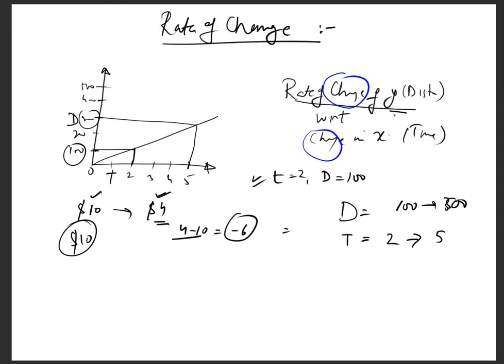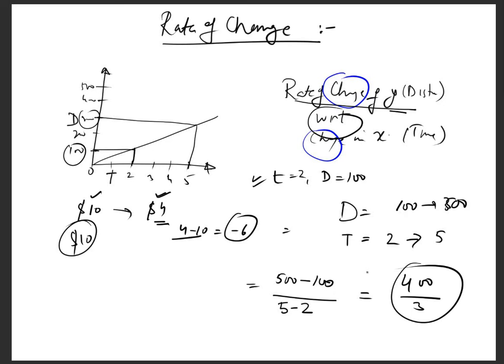Rate of change of y. Let me find the change in y, which is 500 minus 100. With respect to means over, a ratio. Change in x. Change in x is 5 minus 2. So now whatever this computes to, so this is what?